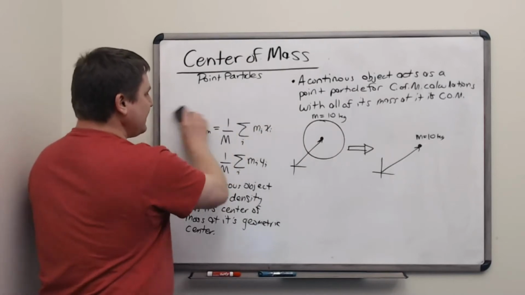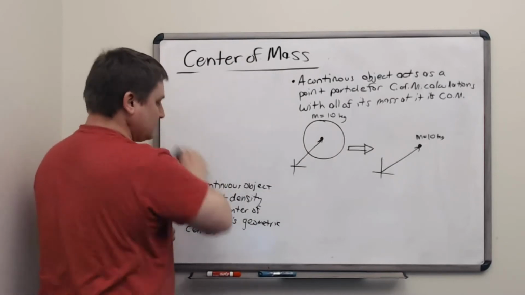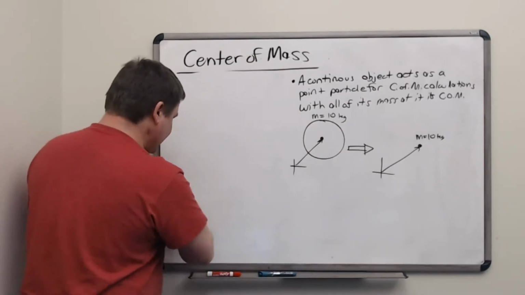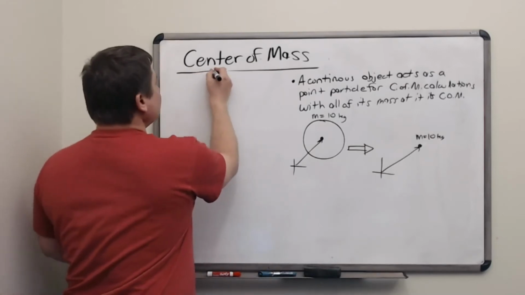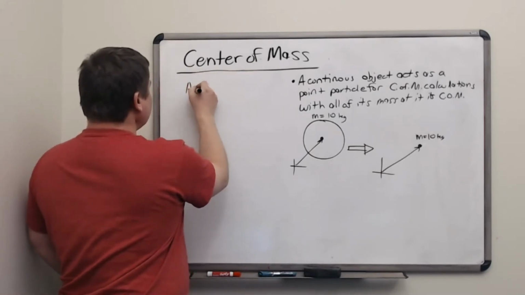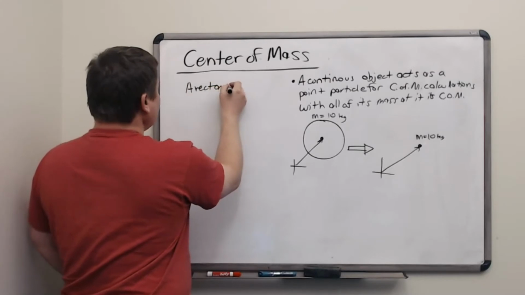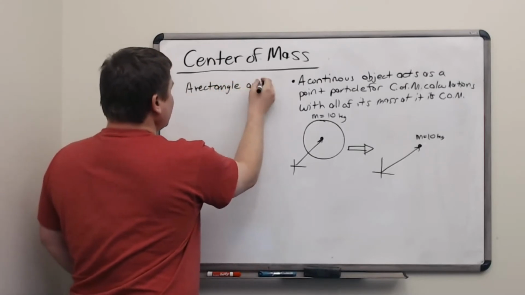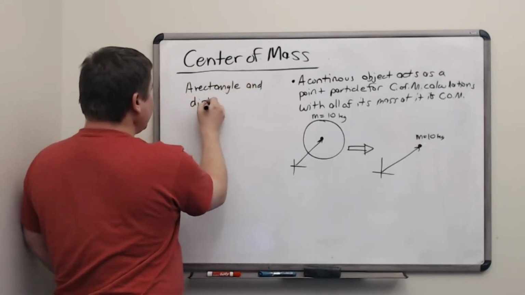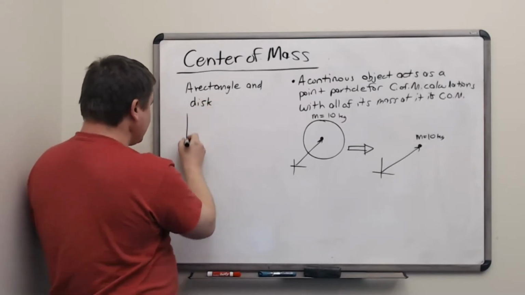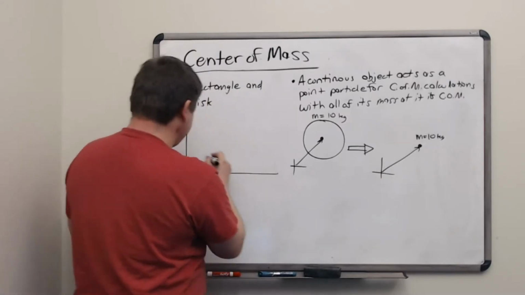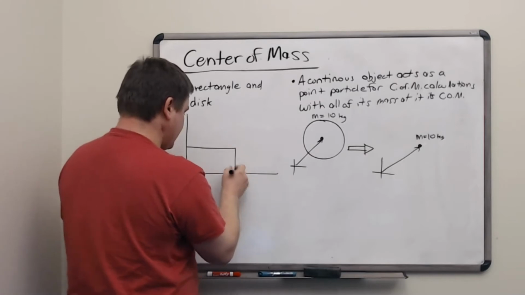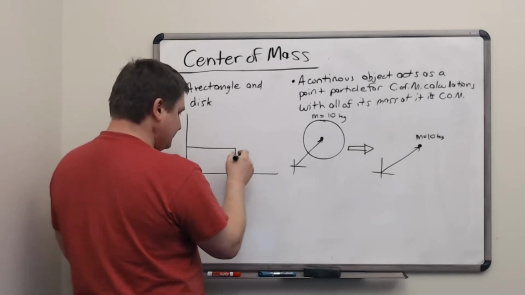So let's apply that now to another example with some continuous objects. So let's have a rectangle and a disk, shown here.